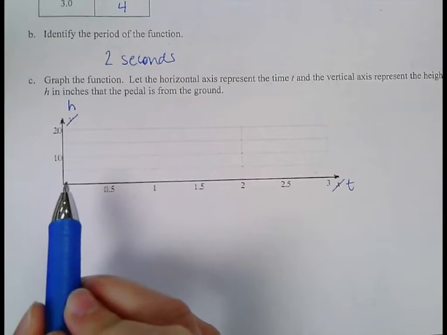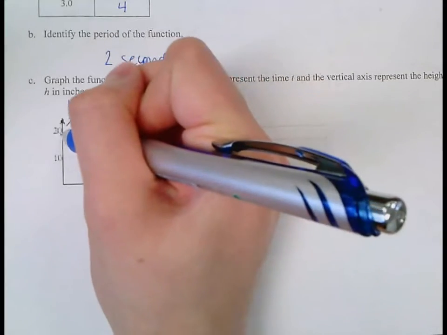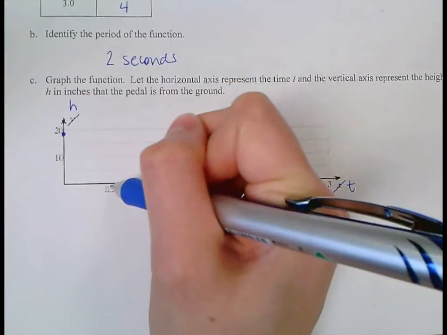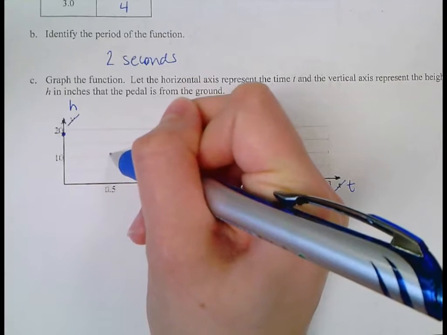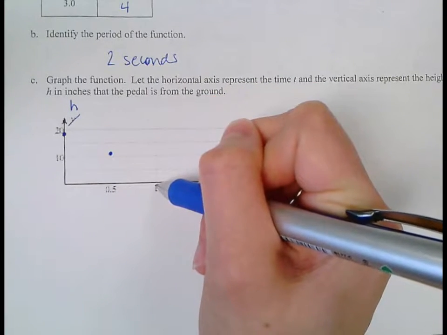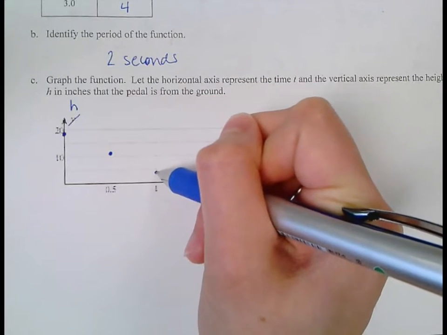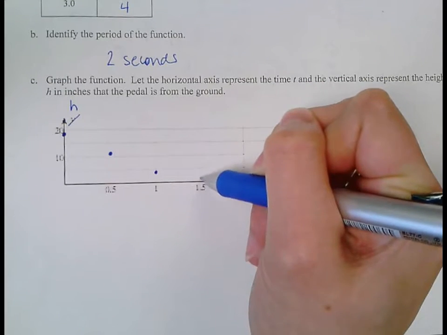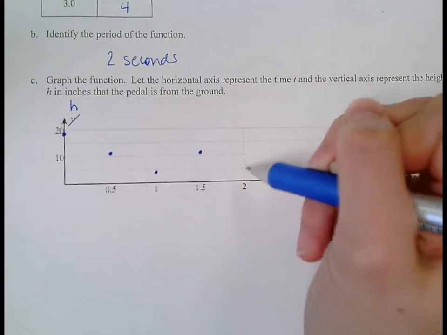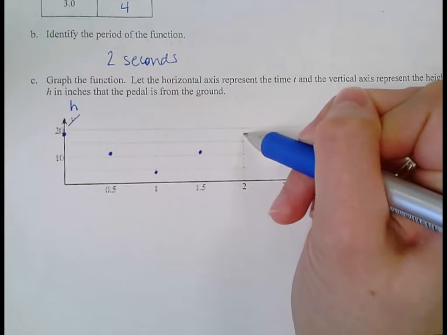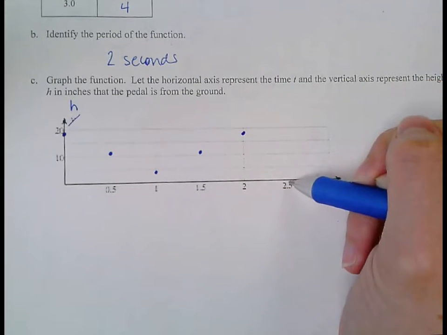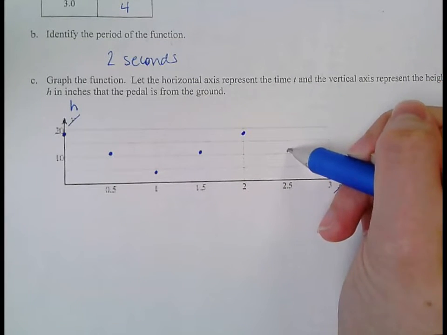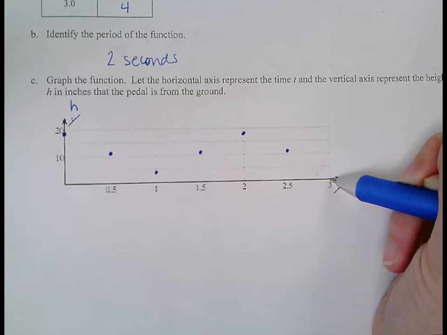At 0 seconds, the height was 18. At 0.5, the height is 11. At 1, it is 4. At 1.5, it's 11. At 2, it's 18. At 2.5 it's 11, and at 3 it's 4.